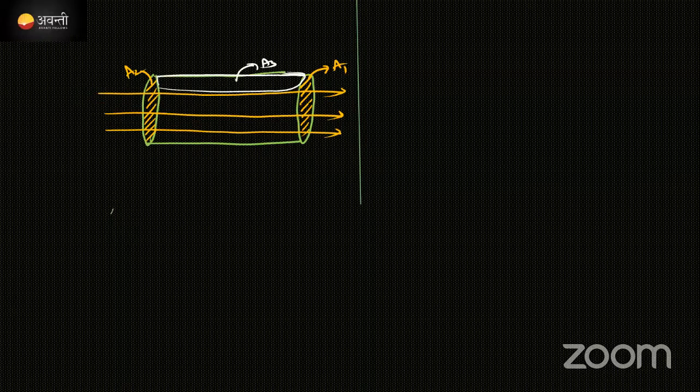So A1 का area A1 है ना, इसका direction इधर है. dA1 I will write as a small area if I consider here, and dA2 का area vector will be in this direction, and electric field direction will be in this direction. Correct ना?